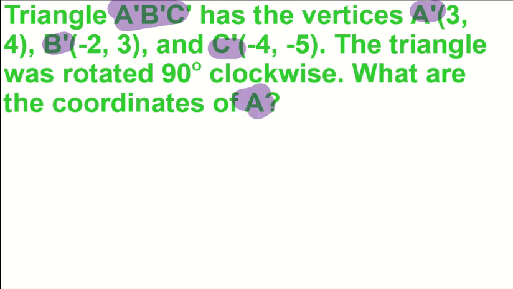It's asking us for A, so it's asking us for the pre-image. It's asking us for where it started, okay? So if we look at it, I got my coordinate plane, since it's asking for A. A is positive, positive, it's +3, +4. That's going to put A, or sorry, A prime right there, right?